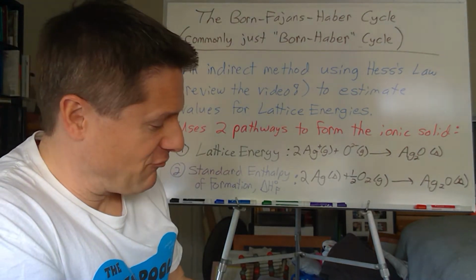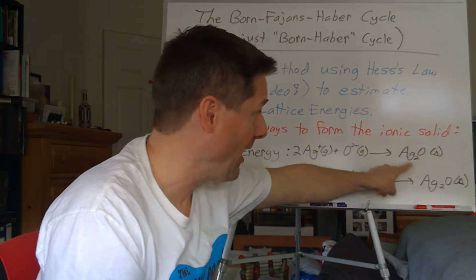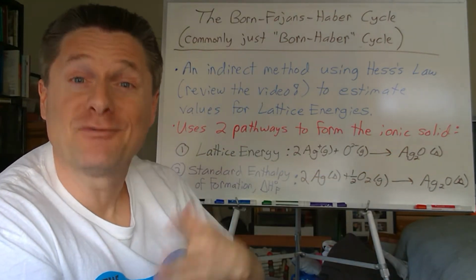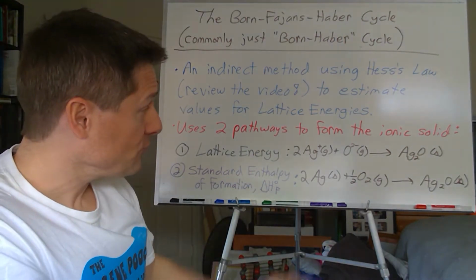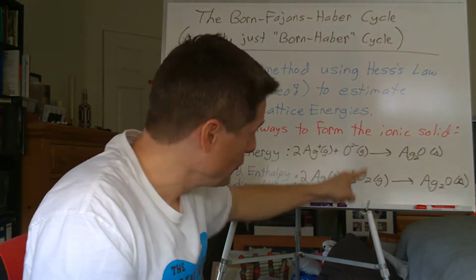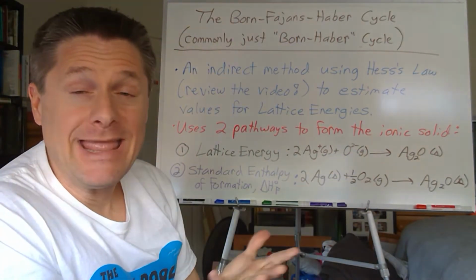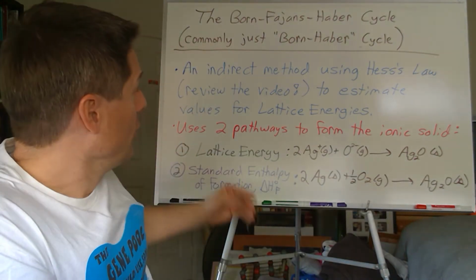Normally we don't like fractional coefficients, but a lot of times in thermodynamics, when you define the product as exactly 1 mole, you're going to end up with 1/2 and 3/2 and things like that in your coefficients on your reactant side. So would you agree with me? Here's 2 completely different ways to form exactly 1 mole of any ionic solid, right? In this case, it's going to be silver oxide.